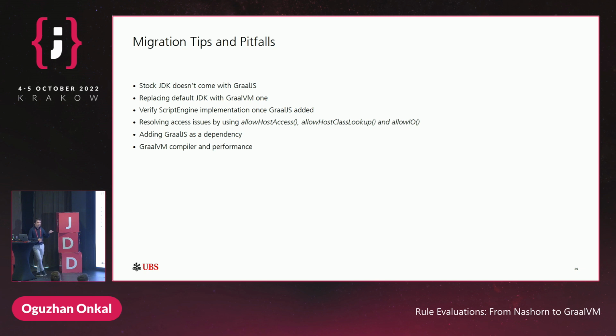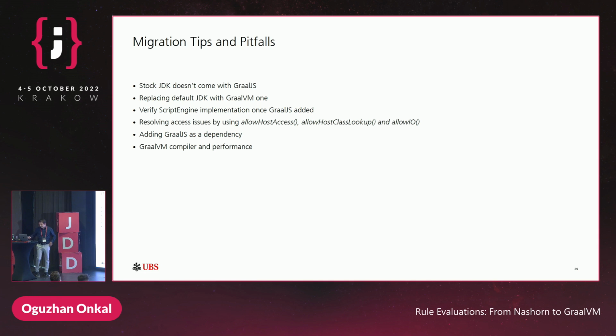So if you were using Nashorn, accessing all those public classes on the Java side, which I didn't recommend, then you may get exceptions, and to fix them, you may need to use these methods.